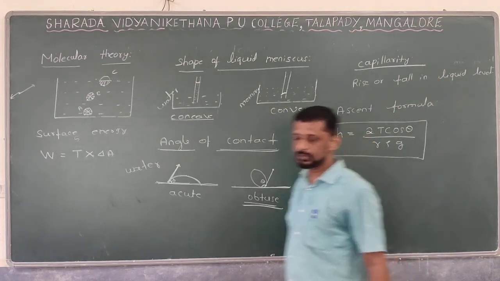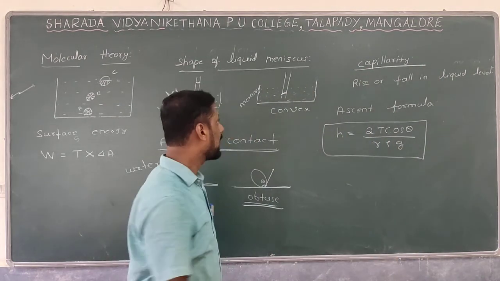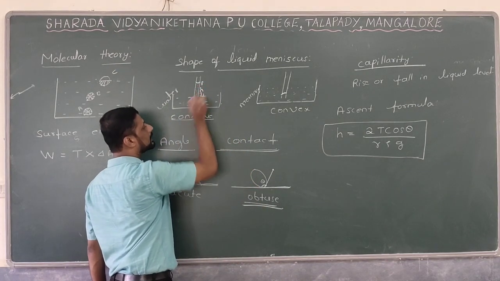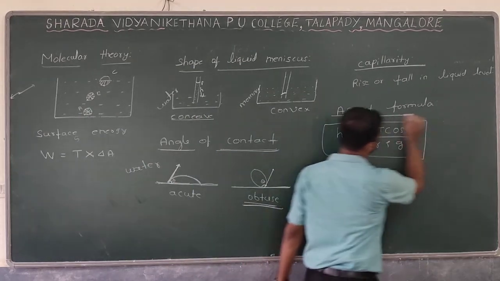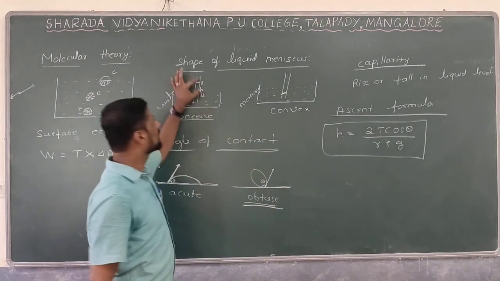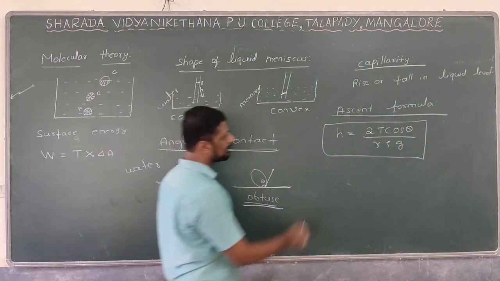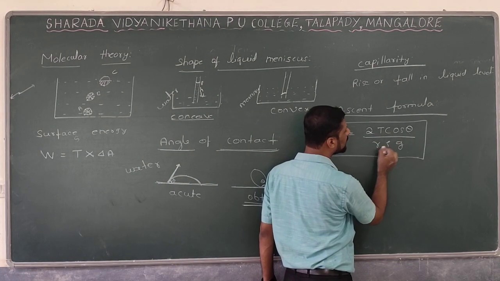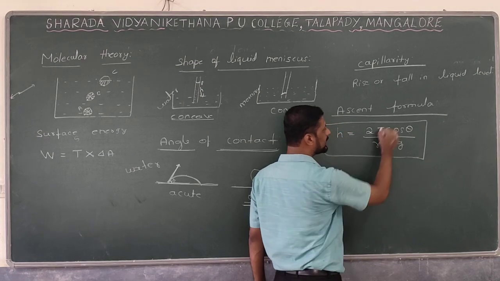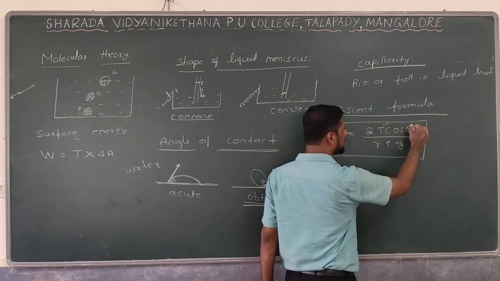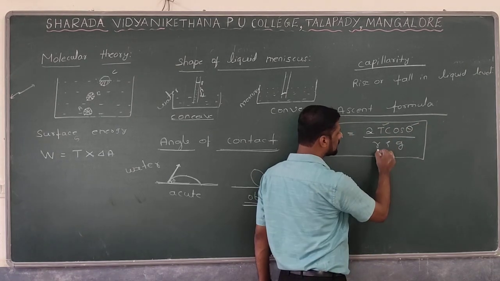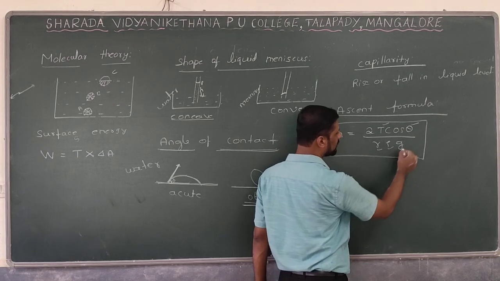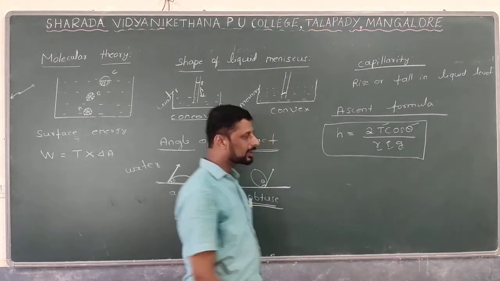There is a formula which is used to calculate the height attained by the liquid level inside the tube. That is called the ascent formula. Ascent formula gives the height of the liquid level in the capillary tube. That is given by h is equal to 2 T cos theta divided by r rho g, where T is the surface tension, theta is the angle of contact, r is the radius of the capillary tube, rho is the density of the liquid, and g is the acceleration due to gravity.